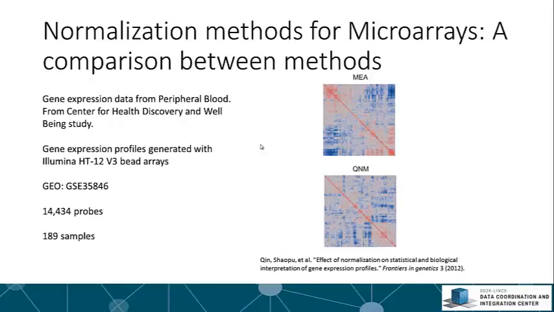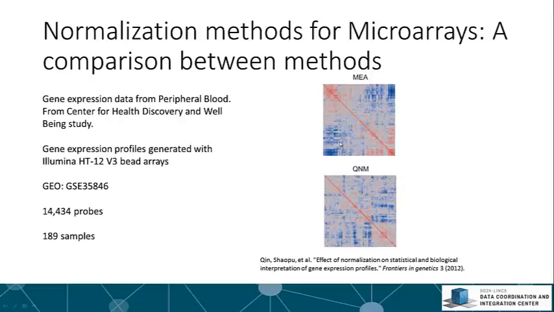So here in this figure we can see a heat map, an array which is 14,434 square, and each element of this array gives the correlation across the 189 samples of the expression intensities of a pair of probes. And you can see the columns have been shuffled in order to reveal the clustering structure.